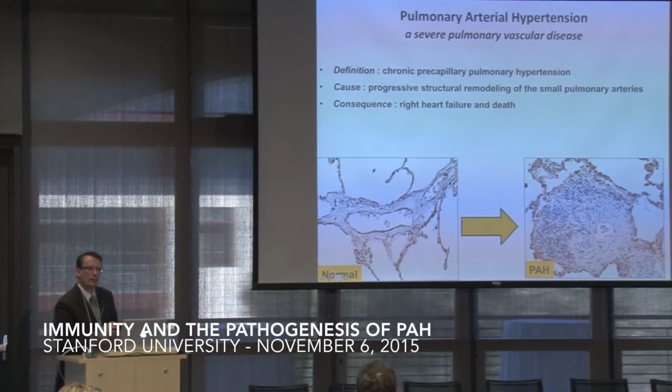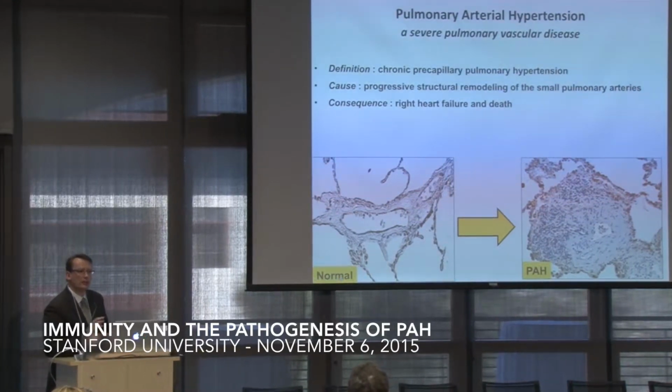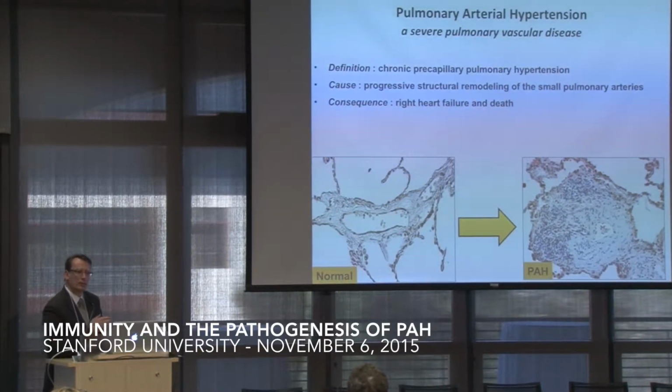So the major point in pulmonary arterial hypertension is remodeling, but it's certainly the end of a very long ongoing process, and we have to understand what started, who came first, what happened, what was the starting element, and how did it progress to that.